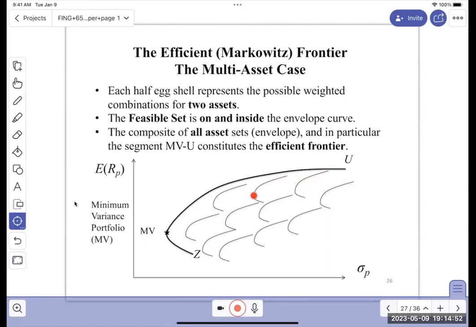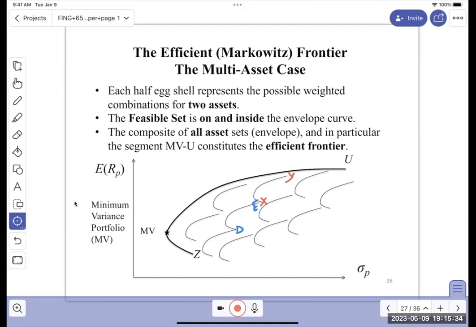What we imagine here, you see this one here. So if we had two assets, X and Y, and then here, D and E, then we consider, how do we look at all these assets?